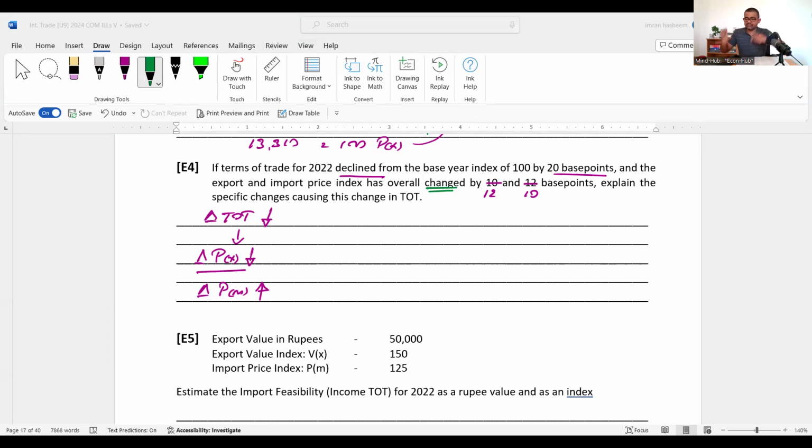So with that in mind, shall we give it a try and see whether we can explain the 80? Now we know terms of trade is 80. How do I know terms of trade is 80? It says from the base year 100, decline by 20 basis points, 20%. 1 basis point means 1%. So decrease by 20 basis points.